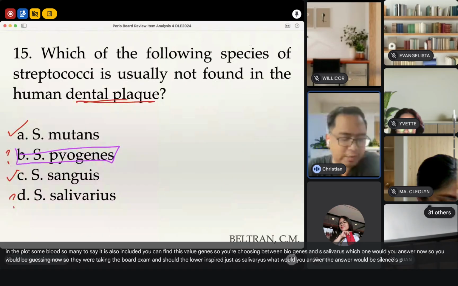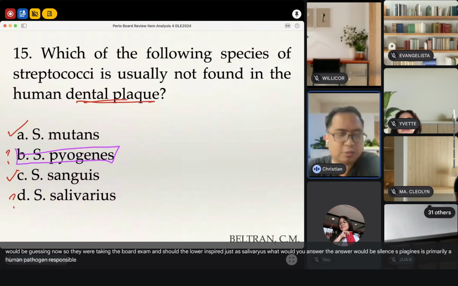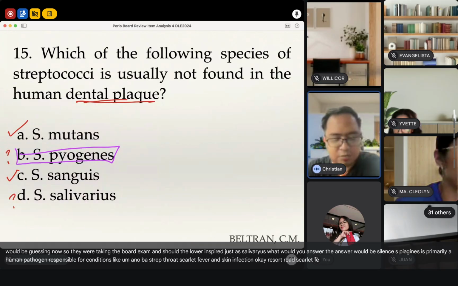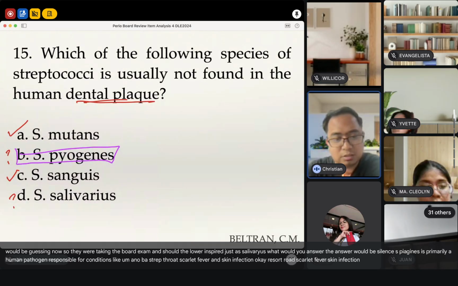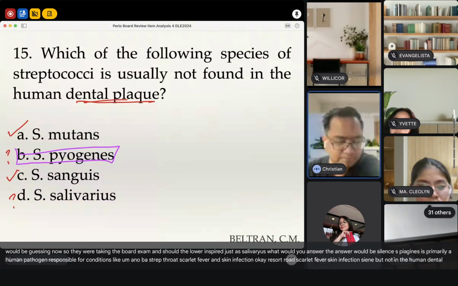S. pyogenes is primarily a human pathogen responsible for conditions like strep throat, scarlet fever, and skin infection. Okay? May sore throat ka, scarlet fever, skin infection, S. pyogenes, but not in the human dental plaque.